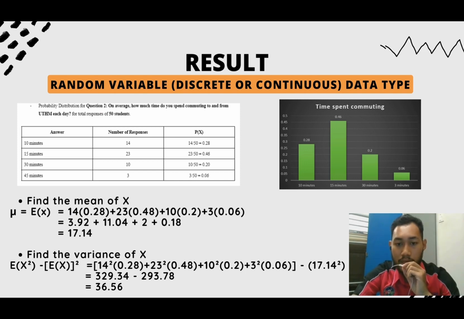We do this by adding all the sums of the number of responses squared multiplied with the probability distribution, then we subtract the mean squared. So we get 36.56.